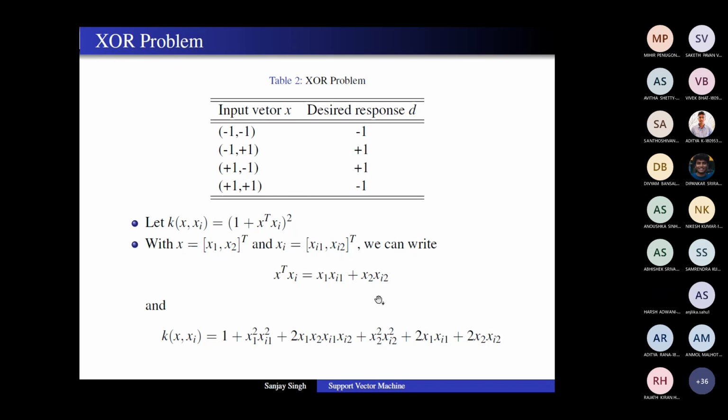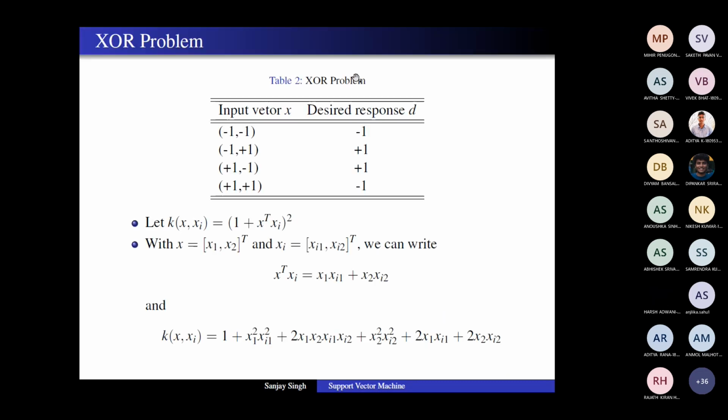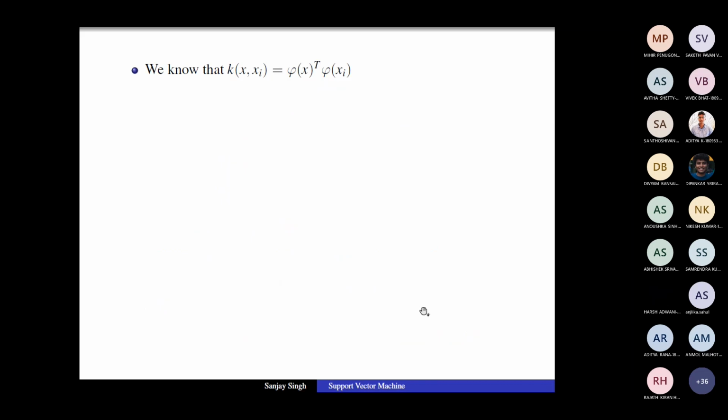Now when you have something like this, I want to extract the eigenfunction out of it. We know that k(x, xi) is nothing but phi(x) transpose phi(xi). If that is the case, and this is equal to this entire part, we want to know what phi(x) is and what phi(xi) is. Of course, both are the same but differ as directed by their respective vectors.